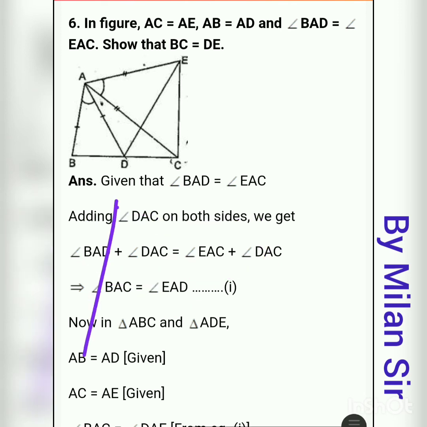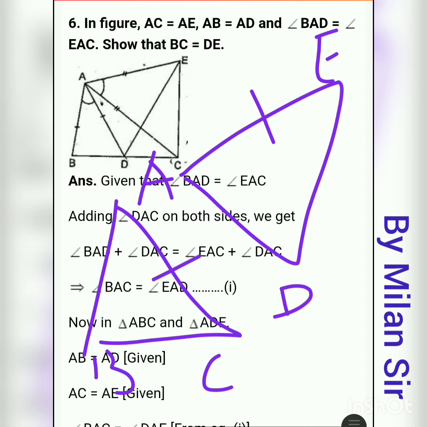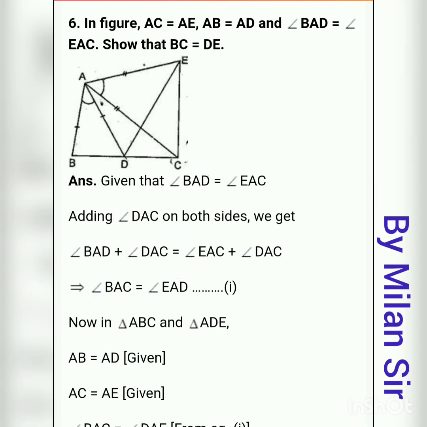Now if we draw these two triangles ABC and ADE, AE is equal to AC, which is given. AB is equal to AD. And these two angles are equal, that we proved here. So by side angle side these two triangles are congruent. So now in triangle ABC and triangle ADE, AB is equal to AD, given.